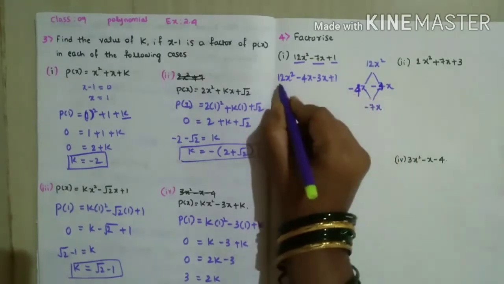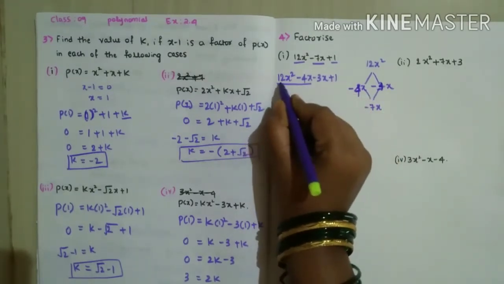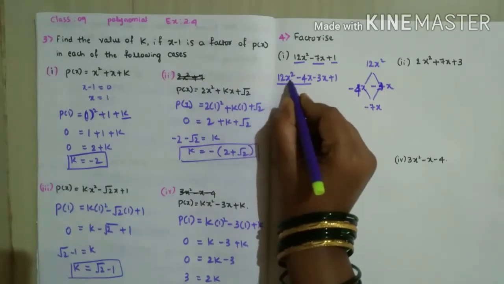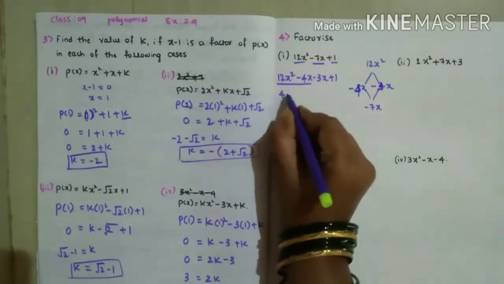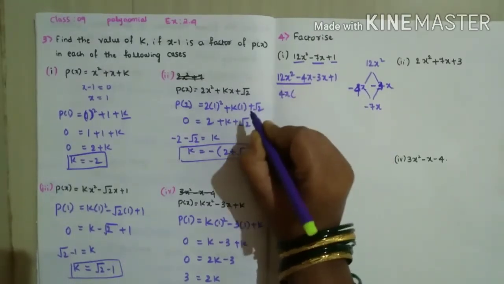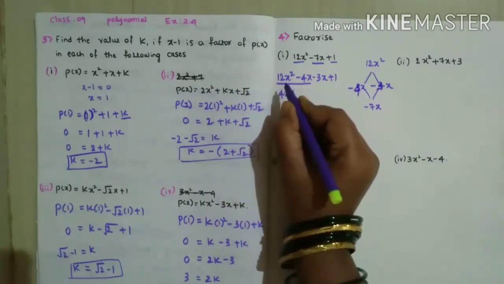Now from these first two terms, take out what we can take common. 12 is divisible by 4, and x square means x into x, so 1x we can take out because here also x is there. So I can take 4x out, since 12 we can write as 4 into 3.